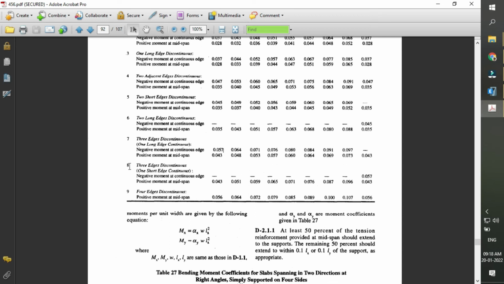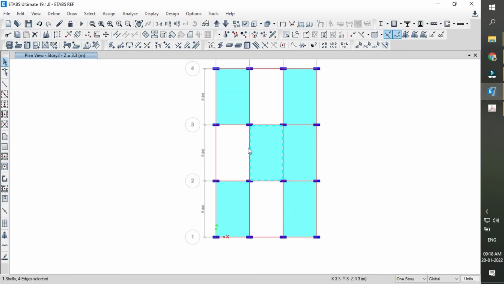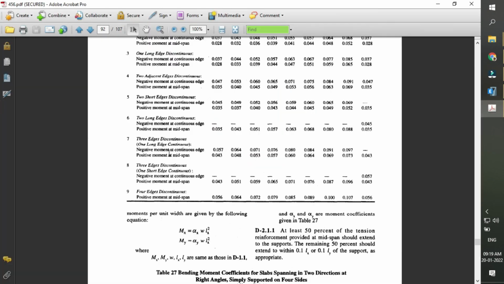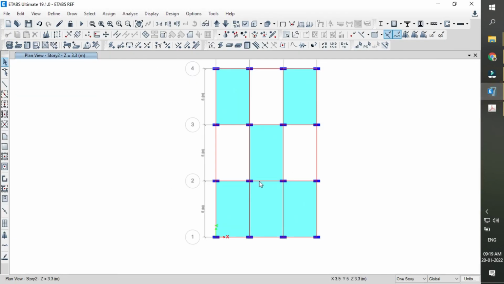And the eighth one is three edges discontinuous, one short edge continuous, which means I undo this slab. So this slab is to be designed for case number 8, only one short edge is continuous, which means only one short side is continuous to the adjacent slab.